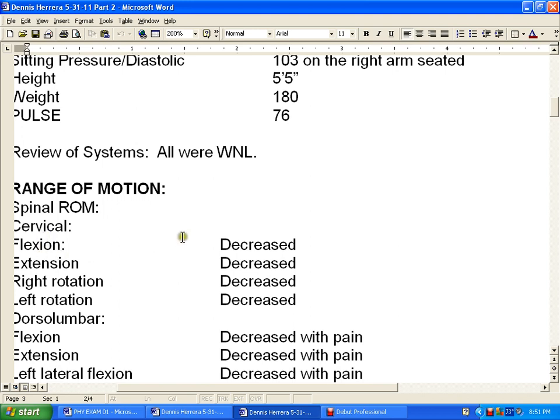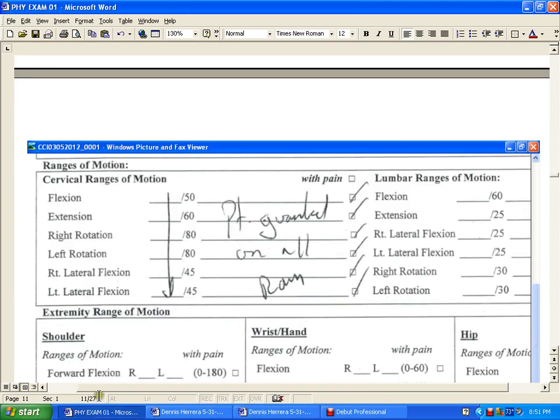And then it'll have flexion, extension, right rotation, left rotation, and then you will put in there, when it has an arrow going down, that means decreased, and you will put decreased with patient guarding with pain.